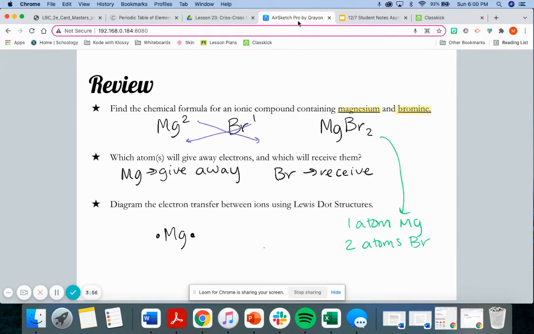And I'm going to have 2 of these Lewis dot structures. 7 valence electrons for bromine and another 7 valence electrons for this bromine. Since magnesium, like we said, is the one that's giving away its electrons and it wants to give away 2, and each bromine wants to receive 1 to fill its octet, I can give each of these magnesium electrons to 1 of the bromine atoms.